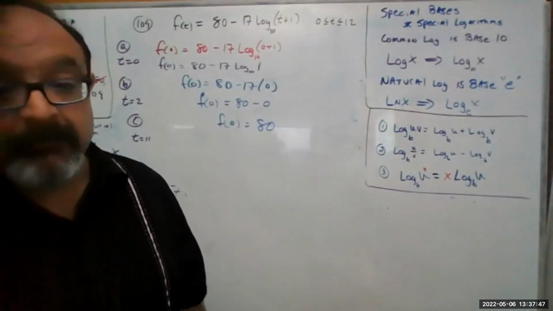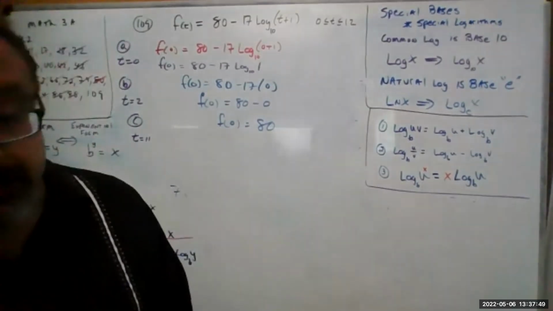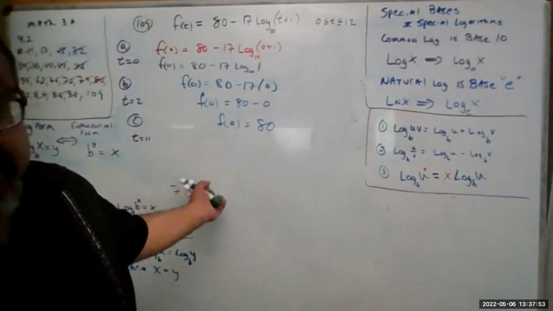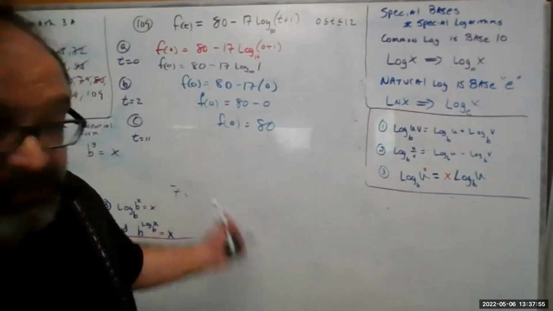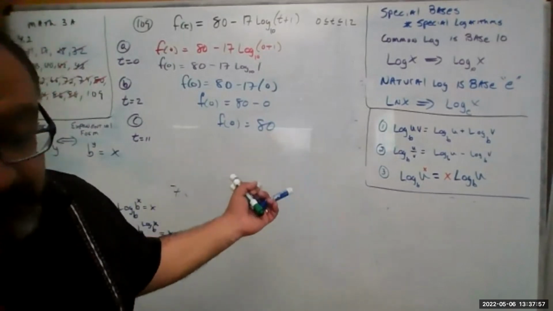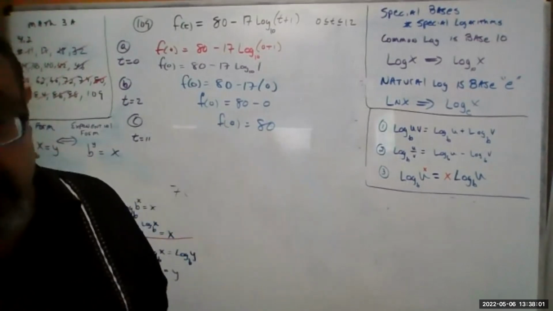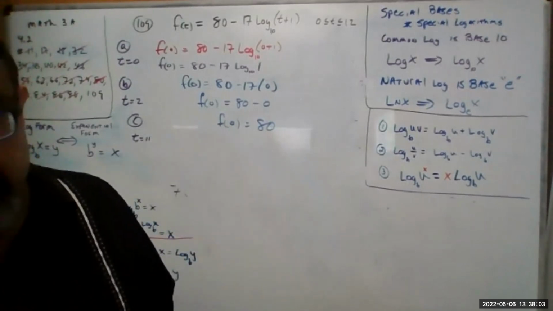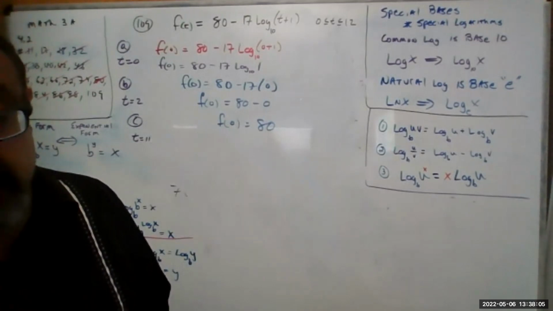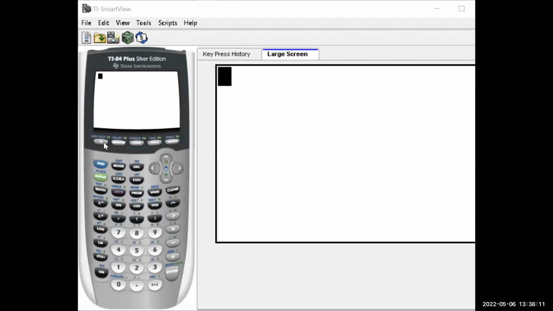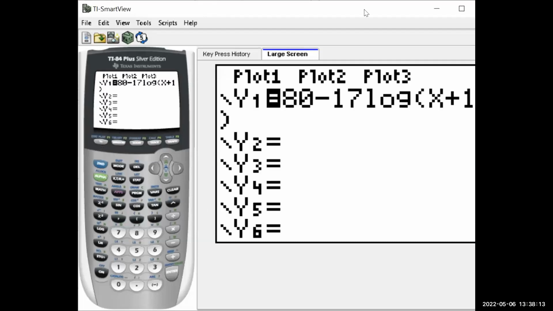But for the rest of them, I showed you the other day how to use a table instead. For part B, they want you to plug in 2 months. For part C, they want you to plug in 11 for 11 months. So if you just go to a calculator, and type the equation into your y equals, and I already did that.